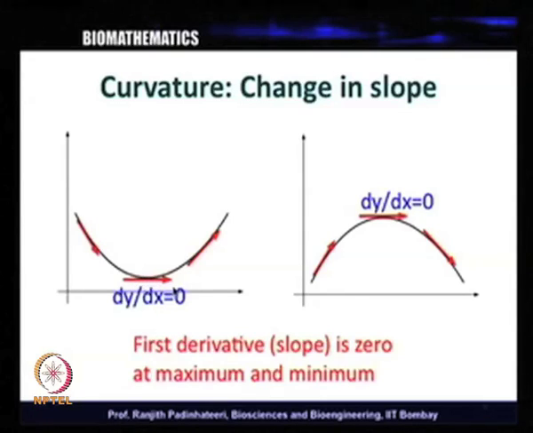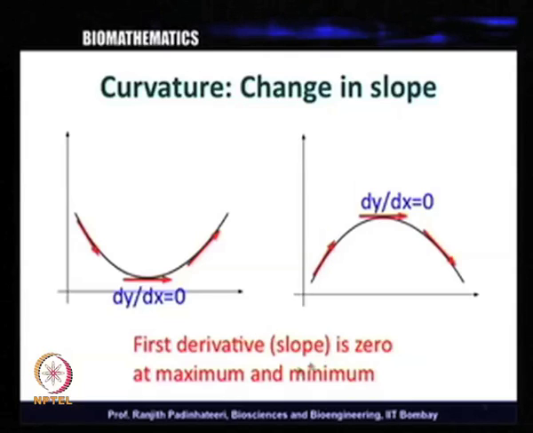You can draw a line which just touches only this point, and the slope of that will be 0. Again, here also you can draw a tangent, a straight line which touches only the maximum point, and that will have a slope equal to 0. So, the slope at this particular point is 0.